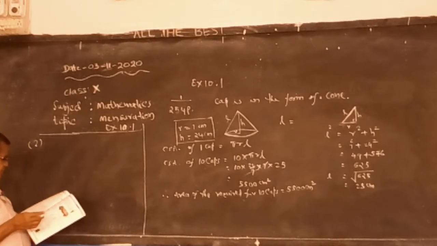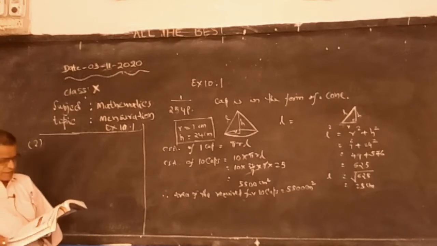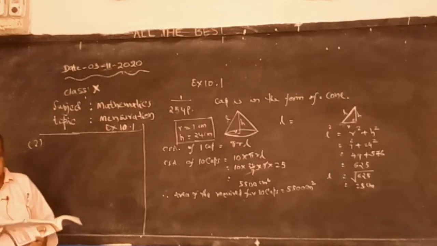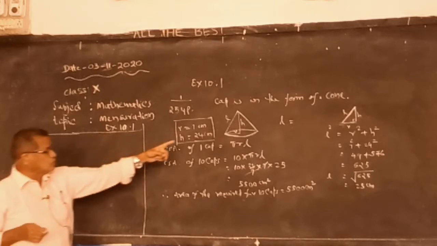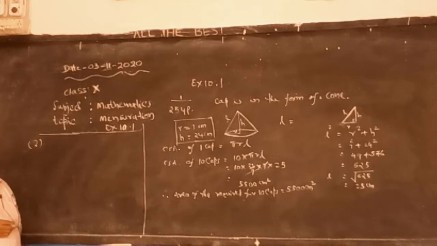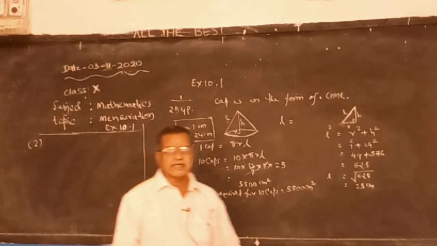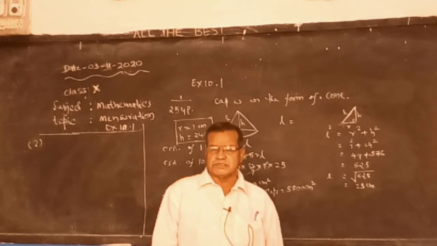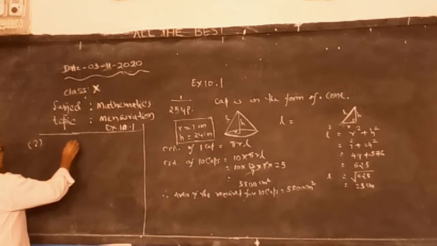Find the area of thick paper sheet needed to make 100 cylinders. The first problem was about a cap, the second problem is about cylinders. We have to pack shuttlecocks. You might have seen shuttlecocks packed in a cylindrical thin paper box, like this.